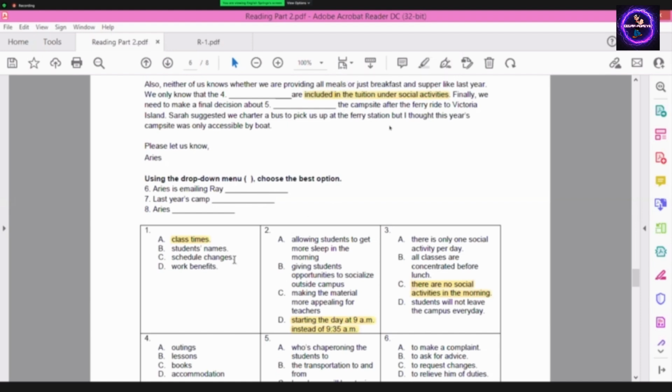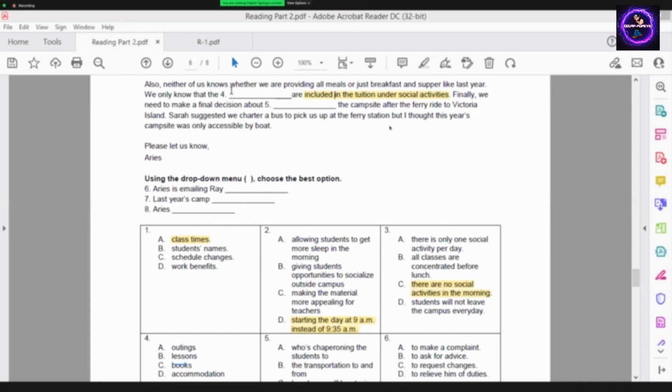Books are never under social activities. Accommodation also doesn't sound right. We only know that accommodations are included in tuition under social activities doesn't make sense. I think D, we can eliminate D.